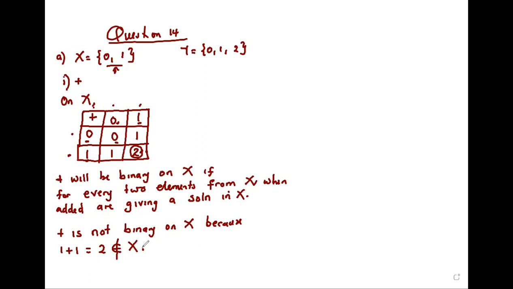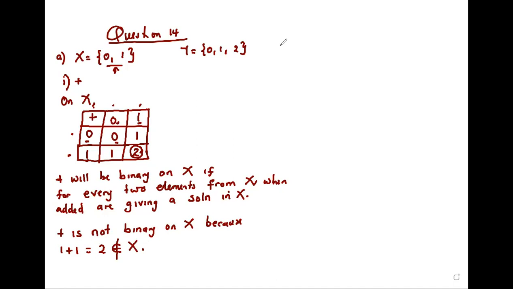For it to be called binary, whatever you do to any numbers that you get, the answer must be in the set X. You cannot use a number that is not in X. But when you are done, your answer again must be in X. Now here we have found the 2, which is not in X.